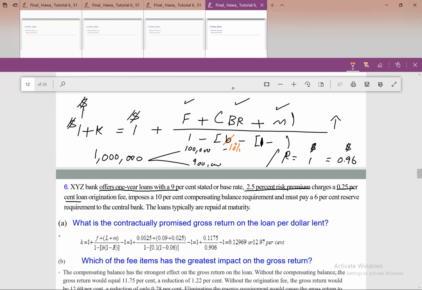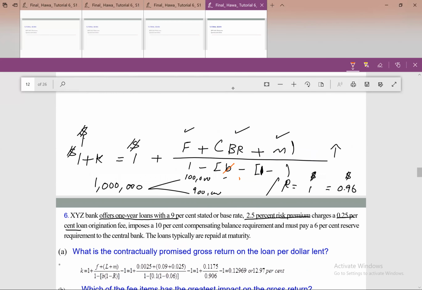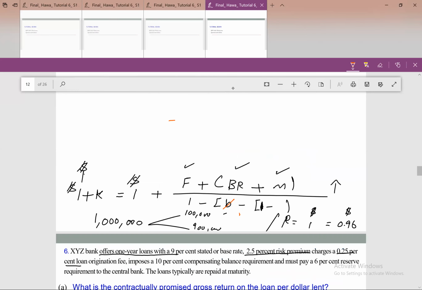Now, according to the example, as you can see, the fees, I have no problem with it. The rate, as you can see, is 9%. The premium is 2.5%.